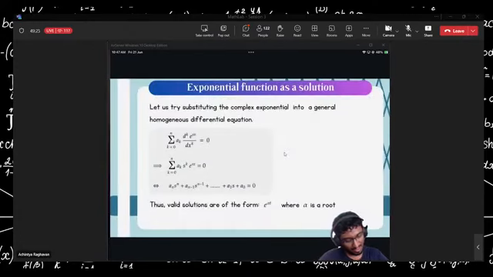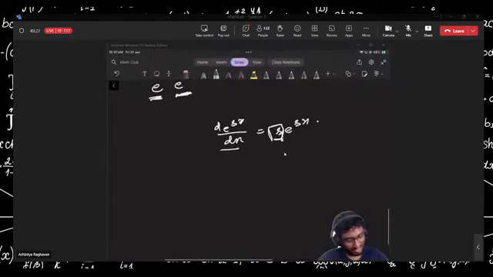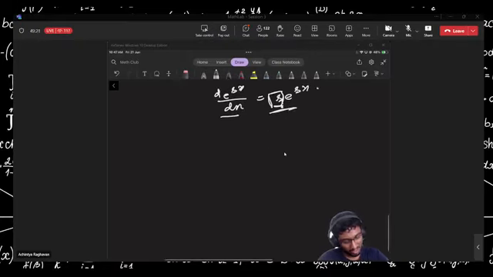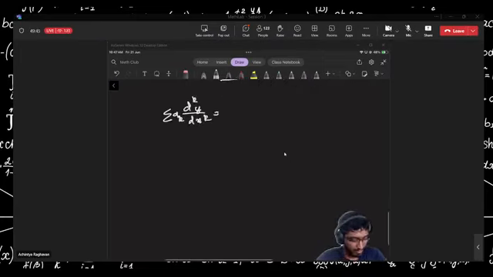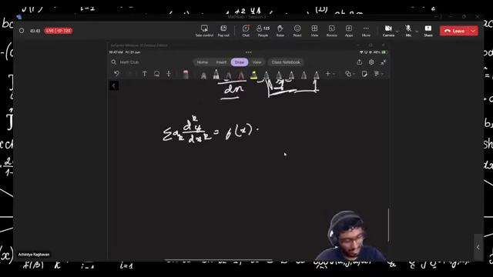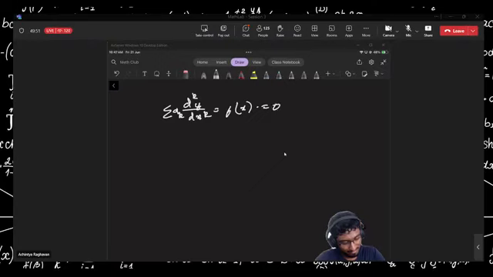So now that we know this function is kind of interesting, let's see what happens if we try to analyze it as a solution. We want solutions to differential equations, that's why we started. So if you have a general differential equation, sum of a_k d^k y by dx^k equal to f of x, let's take a particular case where this is equal to 0.